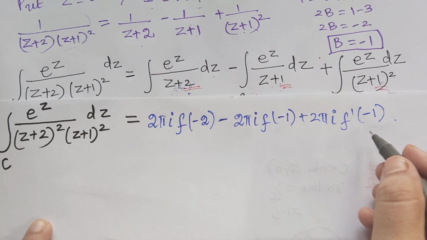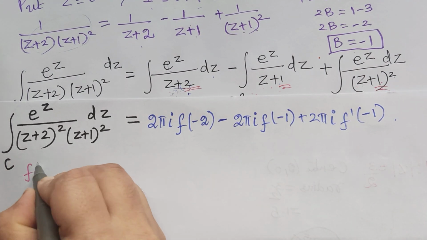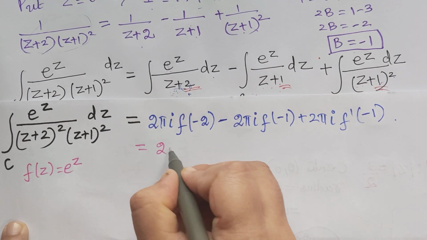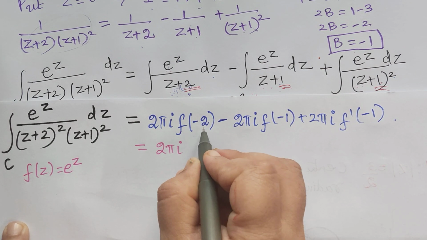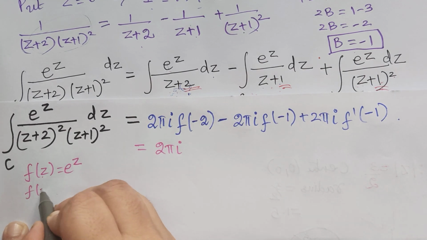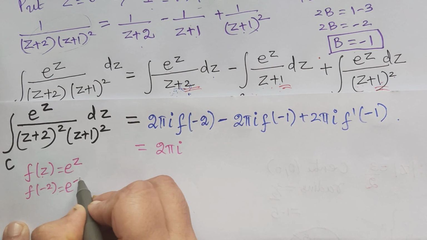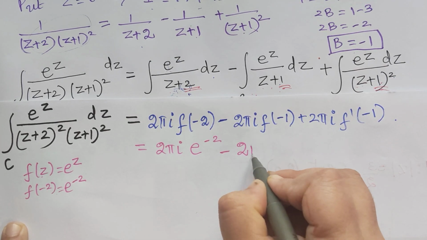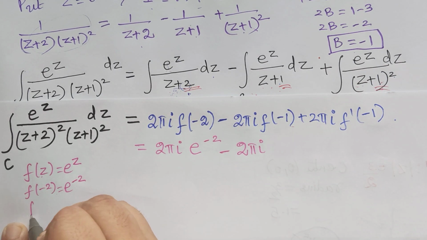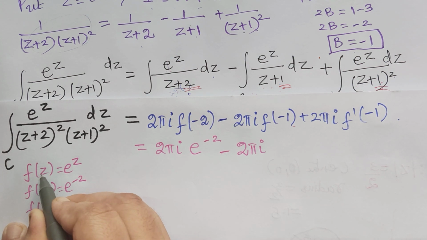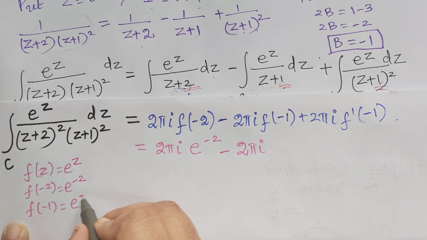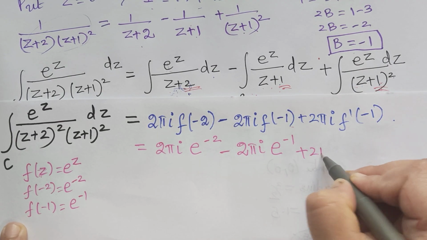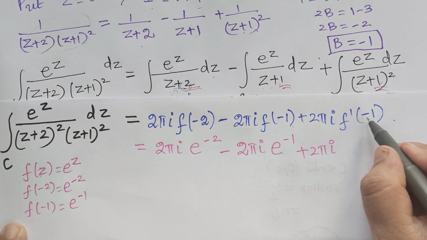Now we shall evaluate each of these. We know that f of z is e power z. So the first term is 2 pi i f of minus 2, which is e power minus 2, minus 2 pi i f of minus 1. f of minus 1 is e power minus 1, plus 2 pi i f dash of minus 1.